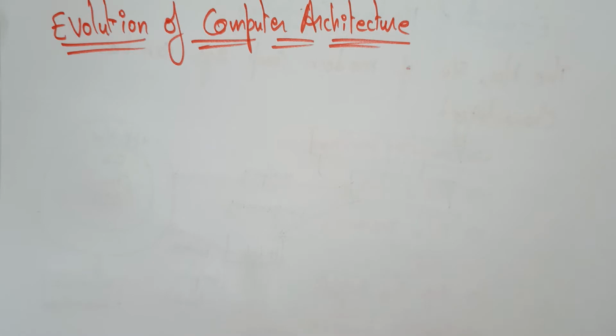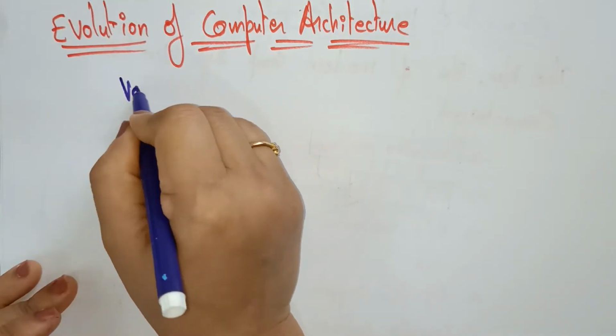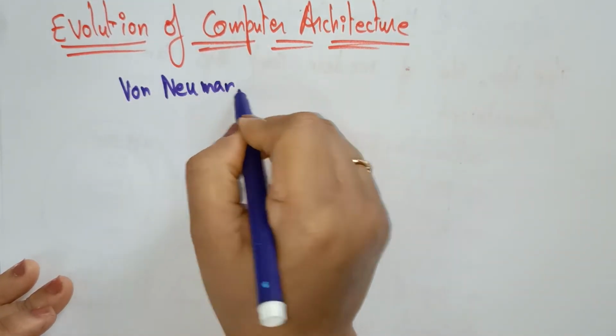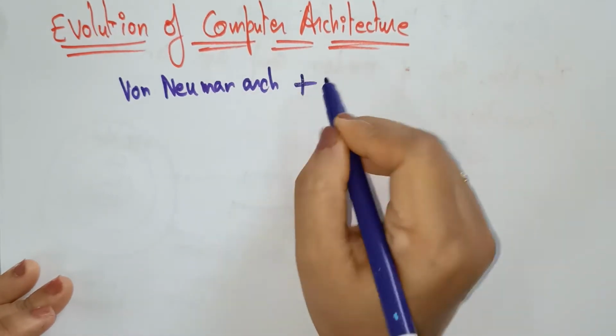So the von Neumann architecture is one of the first architectures used under the stored program concept. This architecture has evolved to include processing, look ahead, parallelism, and pipelining.